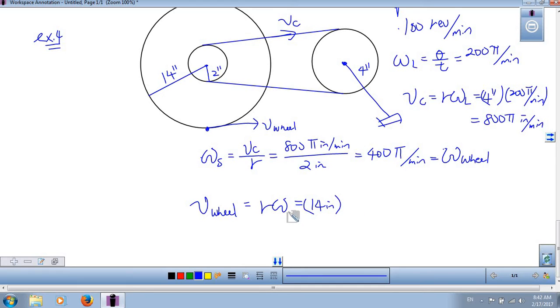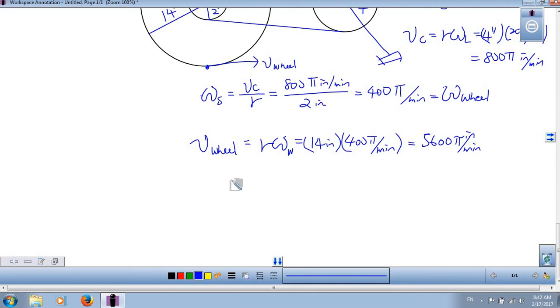The omega of the wheel is 400 pi per minute, because it's attached to the small gear, which is rotating at that angular velocity. Multiplying 14 by 400 pi, we get about 5,600 pi inches per minute. Well, how fast is that?